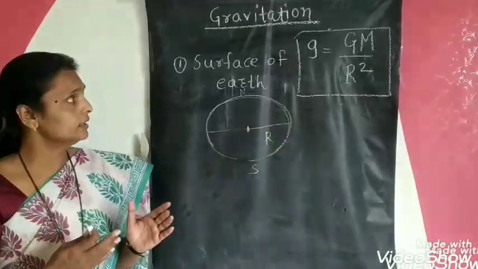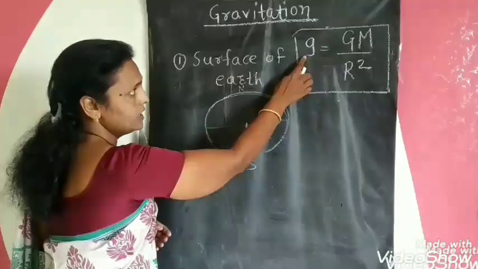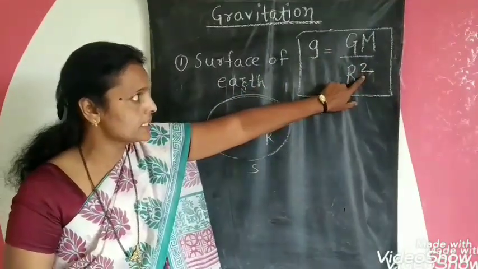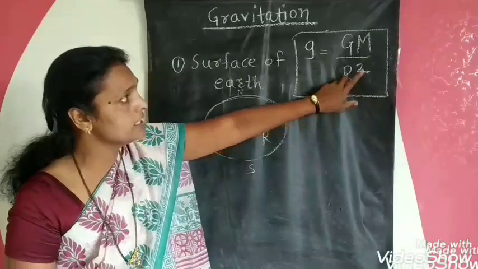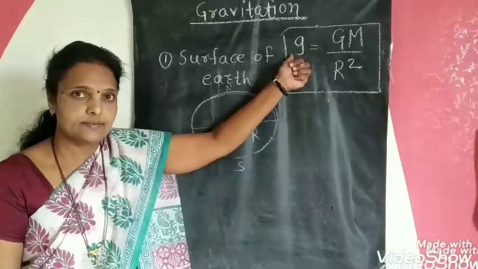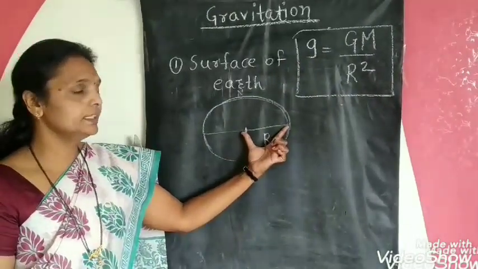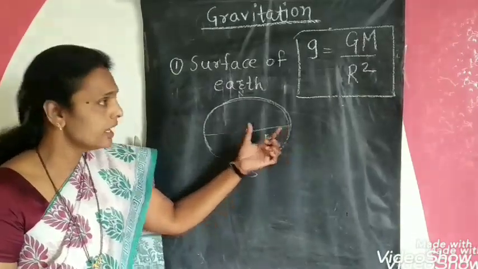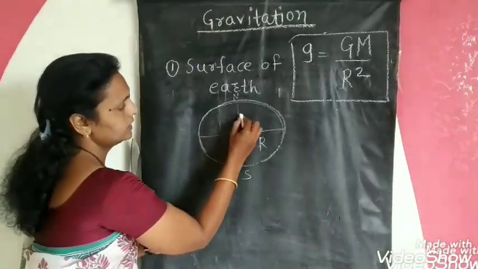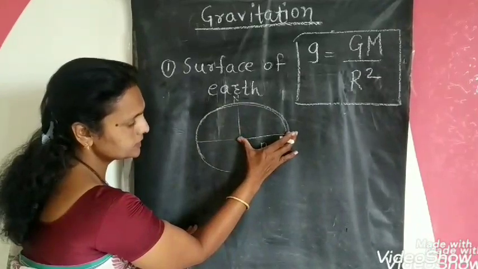Now, how can we decide the value of g at the equator? Our formula is g equal to capital G, mass of the earth, divided by R square. It means if R increases, then g will decrease. Here, the value of R increases at the equator as compared to the pole. See this distance and this distance.